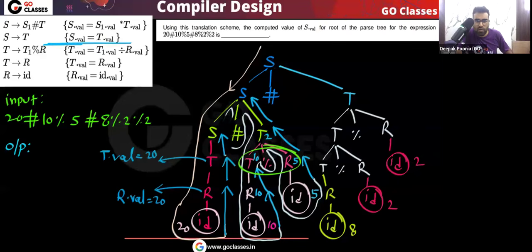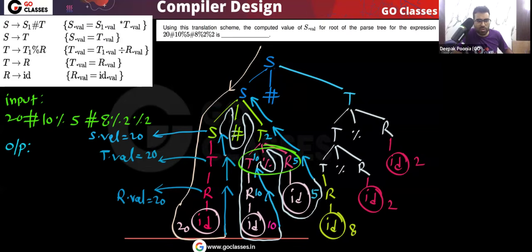So this s dot value will become t dot value. T dot value is 20, so this s dot value will become 20. Then we will go like this. Very simple.